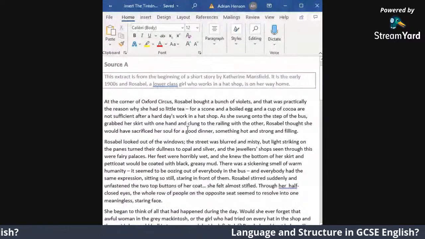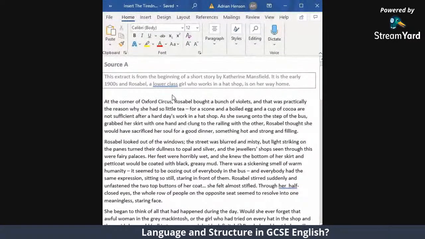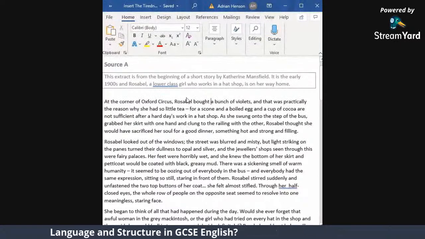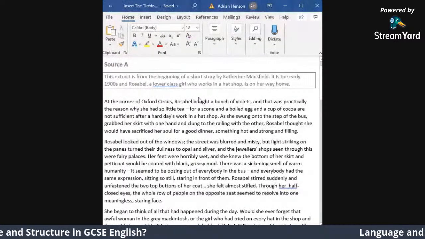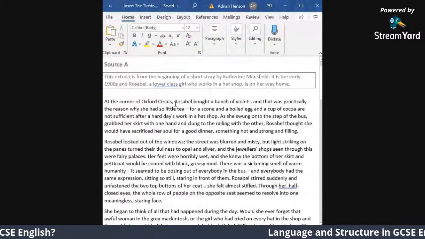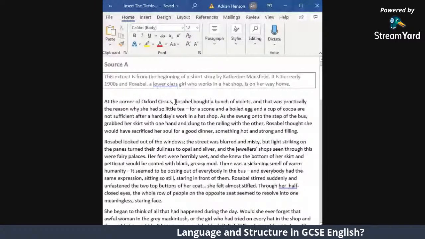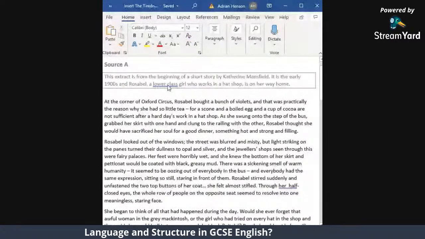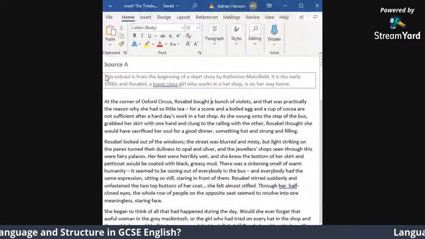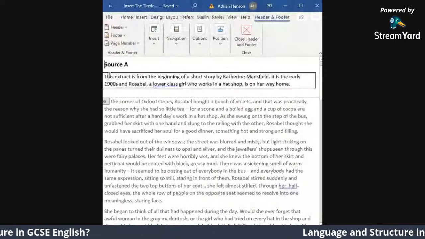So if we look at this extract, it's a source that takes place in the 1900s, and the actual name of the source, if I remember, is called The Tiredness of Rosabelle. And in this extract, we get a little bit of blurb at the start. So we actually get this bit, which is an addition to the extract.